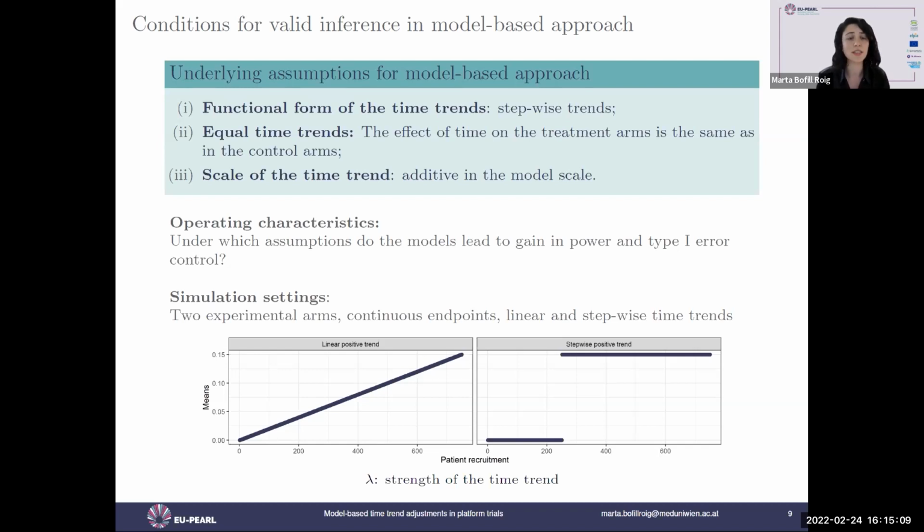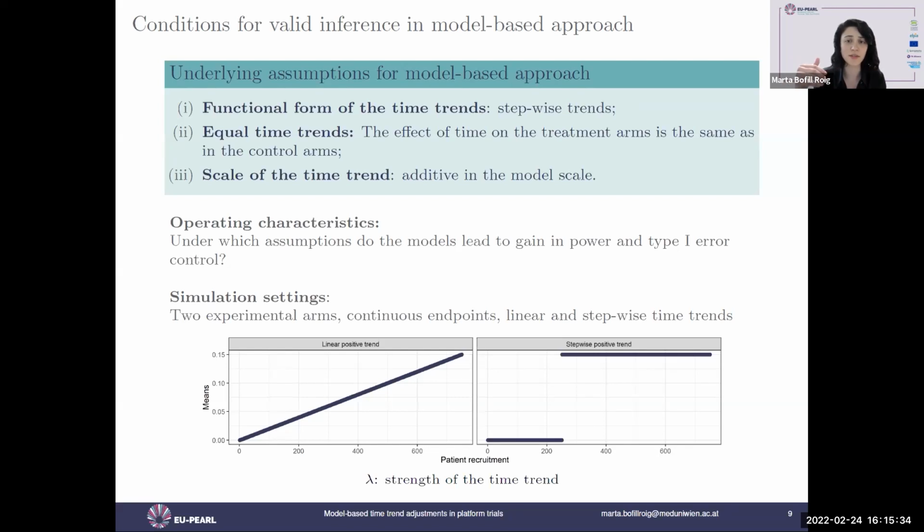What we did is we simulated trials with continuous data in the presence of linear and stepwise time trends. To simulate linear time trends, we considered patients indexed by entry order in the trial, and that the time trend linearly increases with time. We can see here as an example how the means increase with the recruitment.